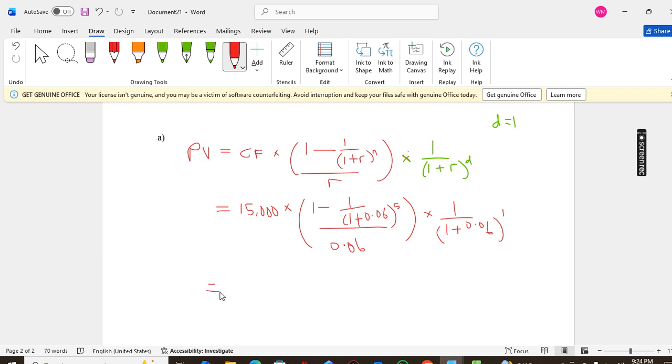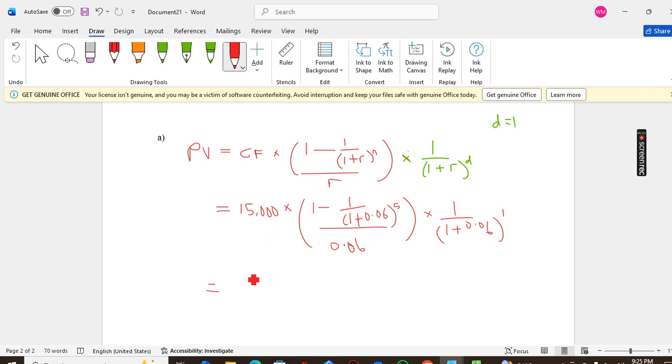So we do our tabulations. Let me solve the annuity factor here. I'll start with this 1 plus 0.06, that's 1.06. Then 1.06, I hope you also have your calculator with you so that you know how to do this in the exam. 1.06 to the power 5, that's 1.33.